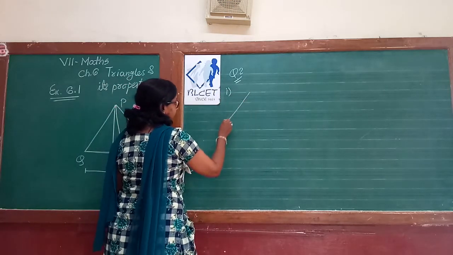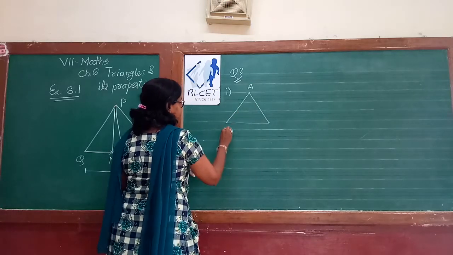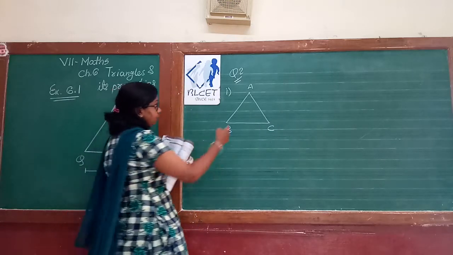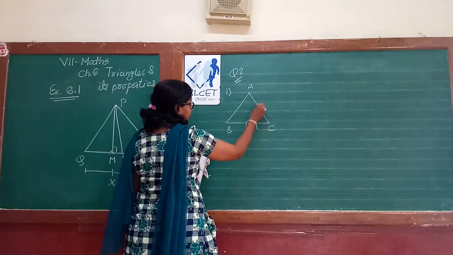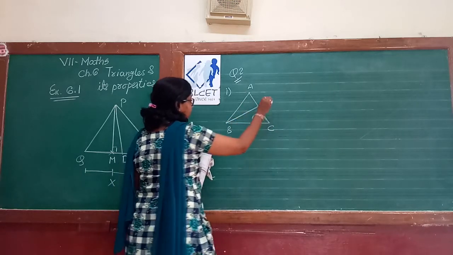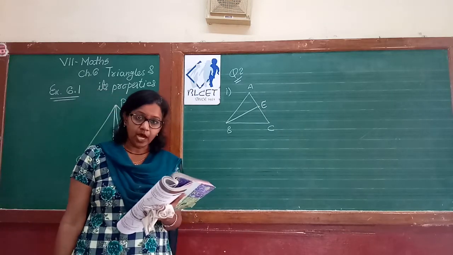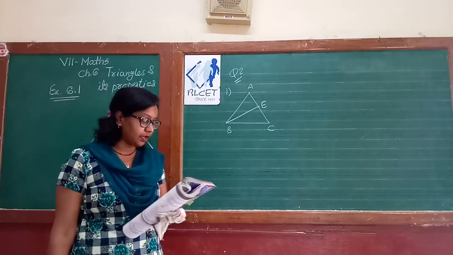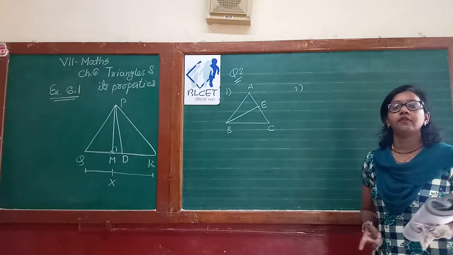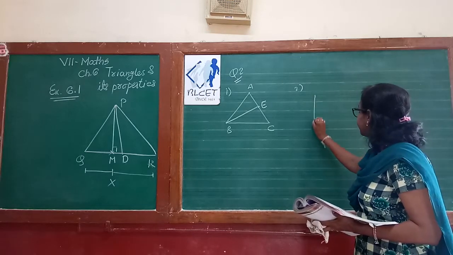So draw the triangle ABC where D is the median. Median means we have to find the midpoint of this side and join it. So this is your median. This is the diagram. Second, in triangle PQR, PQ and PR are altitudes of the triangle. When is it possible? When you have a right angle triangle at P, with PQ and PR.